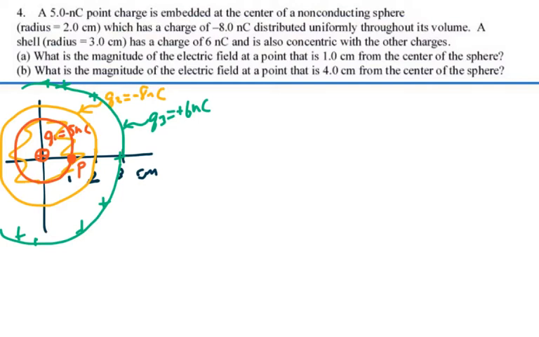For instance, for the shell, if it has an E field going through this surface, it will go in and then come out. Hence, there will be no net flux from any charge outside of the surface of 1 centimeter, and hence it won't contribute to the net electric field at that point either. Same thing, so the shell is out of the question for part A.